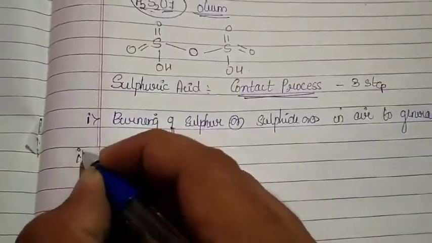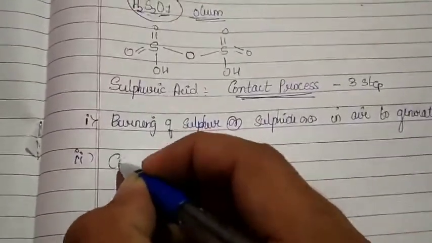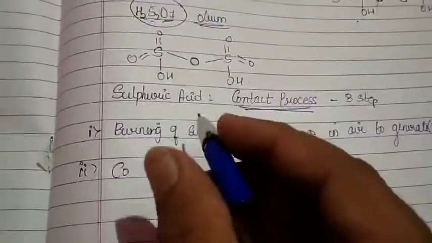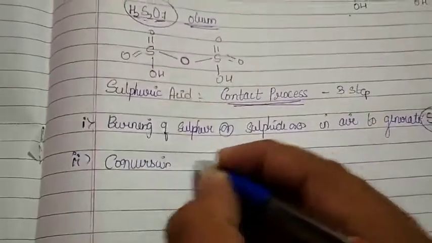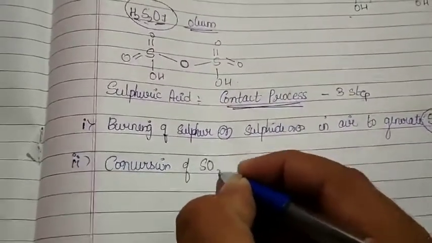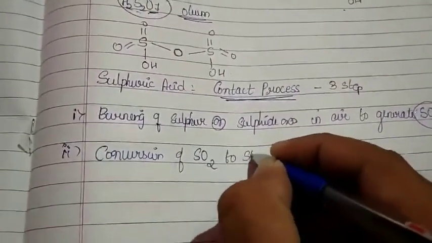Coming to the second part, which is one of the key reactions or key steps, it is the conversion of, or in simple words, the oxidation of SO2 to SO3.